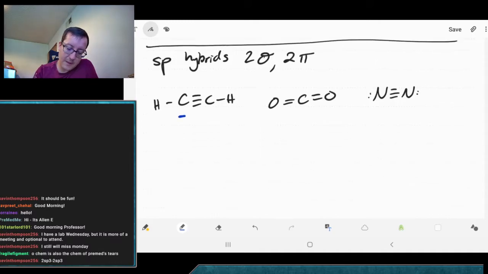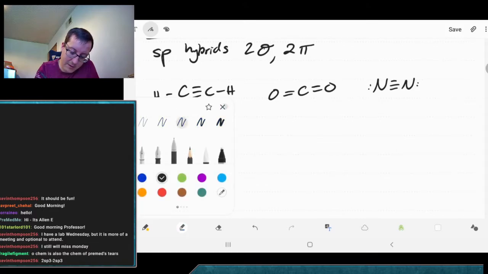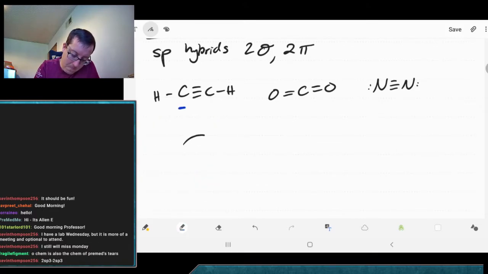So if we're looking at that one, I've been doing these in black, so let me do my sp in black. That's our first sp. That's our second one. It looks like a p orbital just because I'm not drawing the little tail bits on, and it has the same kind of linear geometry that a p orbital would have. It's that 180 degrees. But here's our hydrogen.